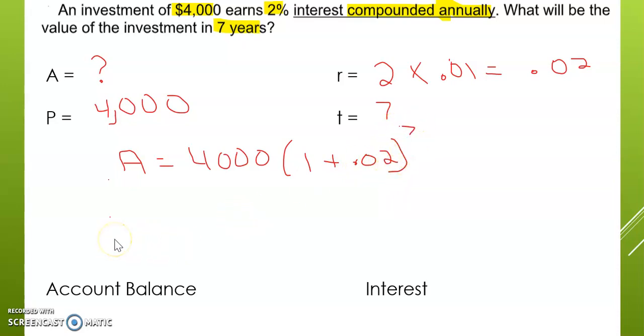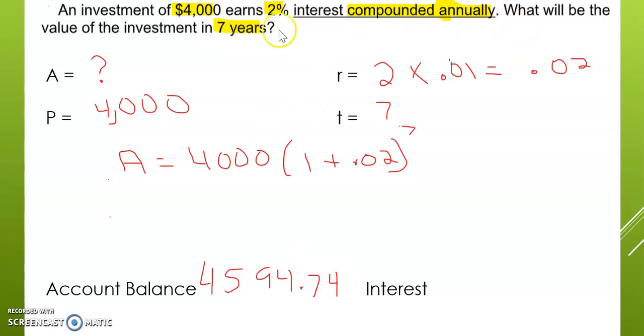And that is, slight pause, 4,000 times, and that gives 4,594.74.